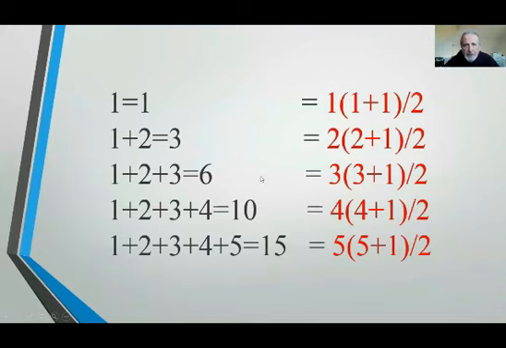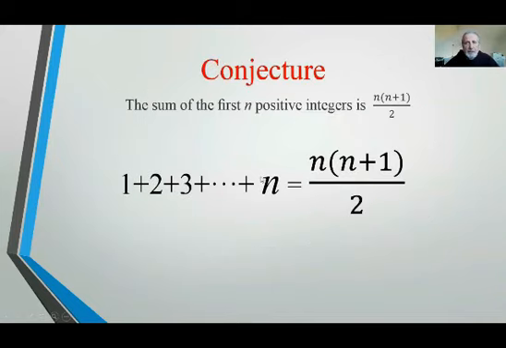And you see how that's happening. Now, again, I'm going to write down here, can I be sure, just running this for a few values of n, is this going to be the case for all values of n? Can I prove that 1 plus 2 plus 3 up to n is equal to n times n plus 1 over 2 for all values of n? This is the question. We'll come back to that.